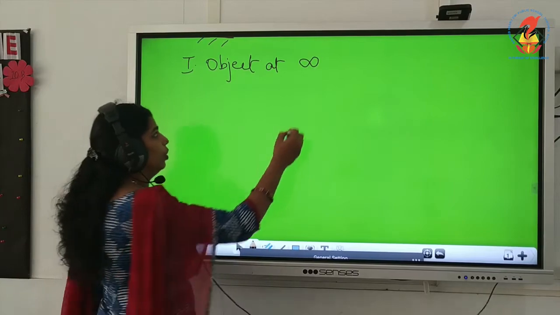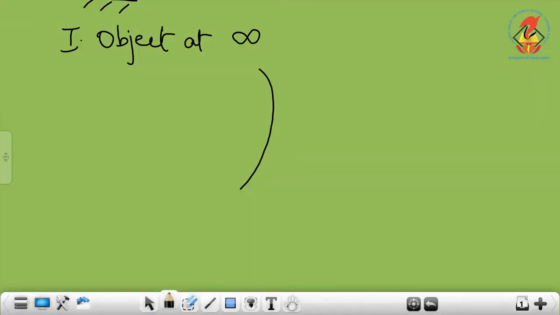Now, this one is a concave mirror, so I am drawing it. Now I will mark the pole. Then I will draw a straight line. On it I will represent the center of curvature, and exactly at the middle, the principal focus.